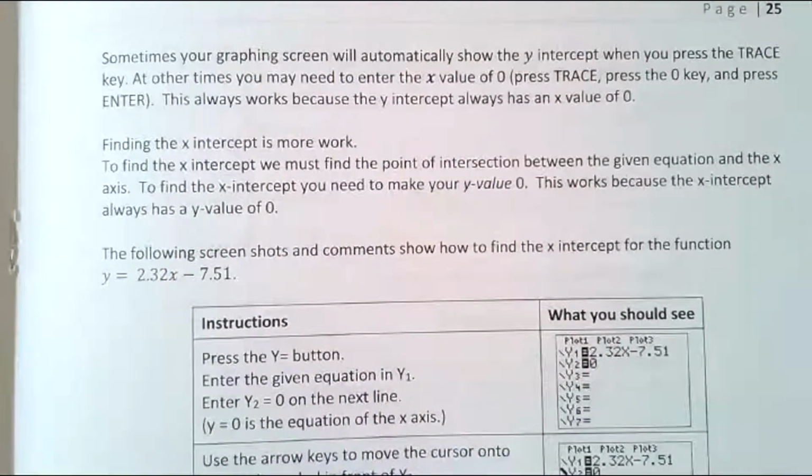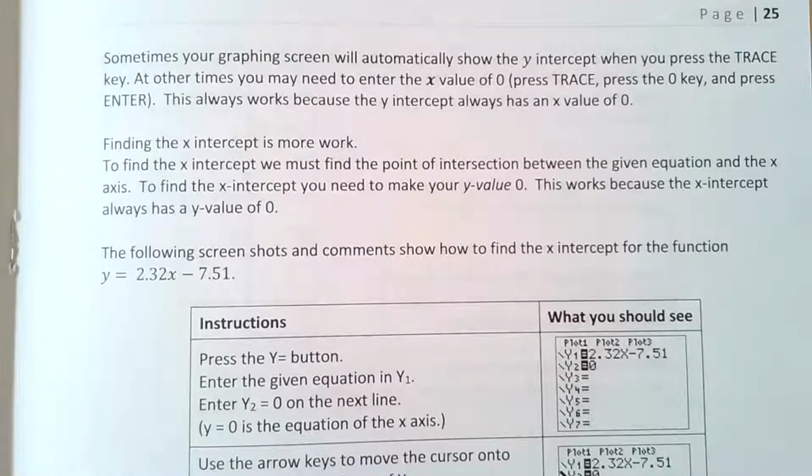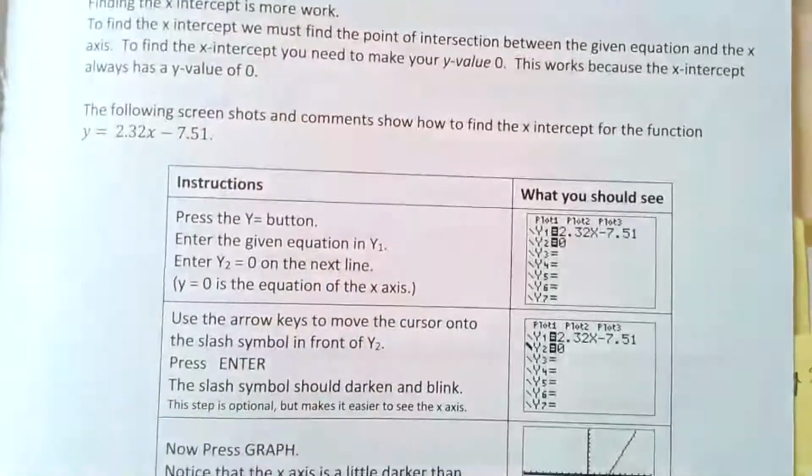Okay, sometimes your graphing screen will automatically show the y-intercept when you press the trace key. At other times, you may need to enter the x value as 0, or press the trace key, press 0, and press the enter key. Now, I'll show you step by step, and it's also in your booklet here.